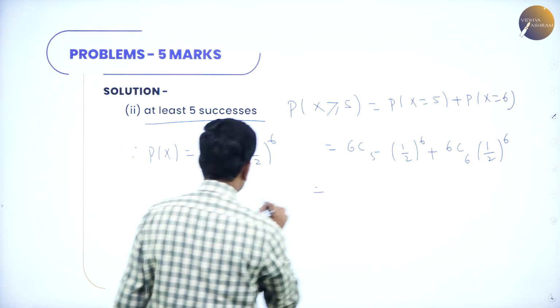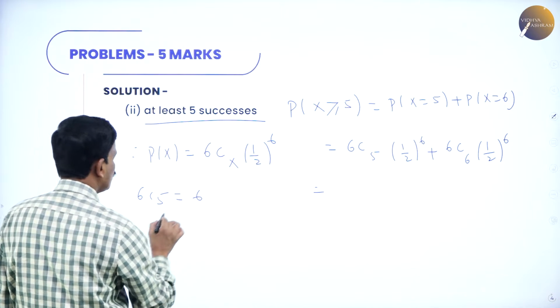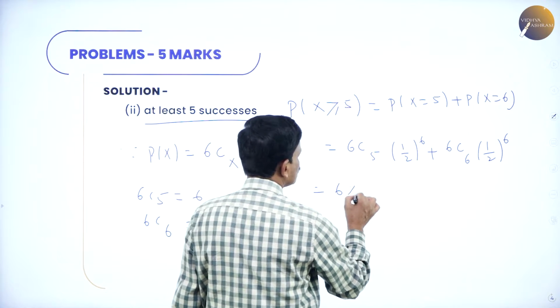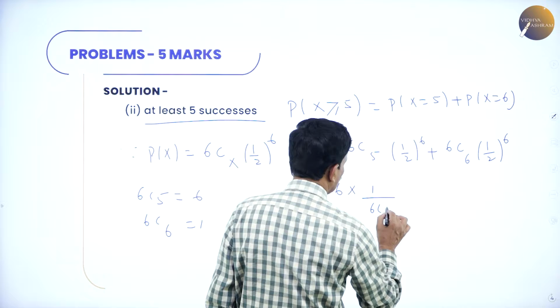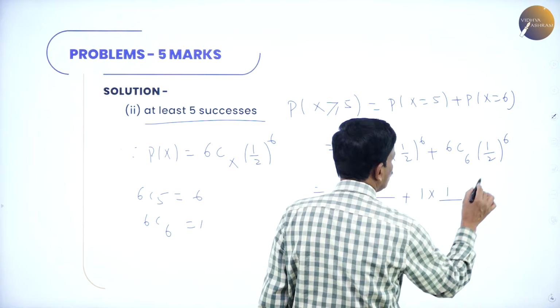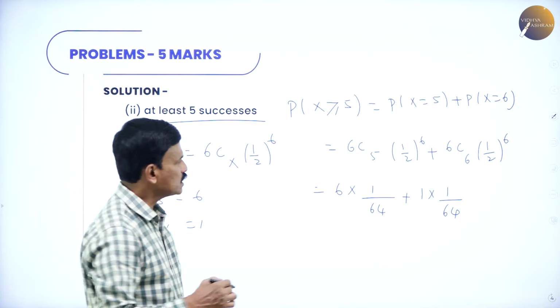Now what is the value of 6C5? 6C5 is equal to 6 and the value of 6C6 is equal to 1. So this is 6 into 1 by 64, plus 6C6, which is 1, into 1 by 64.